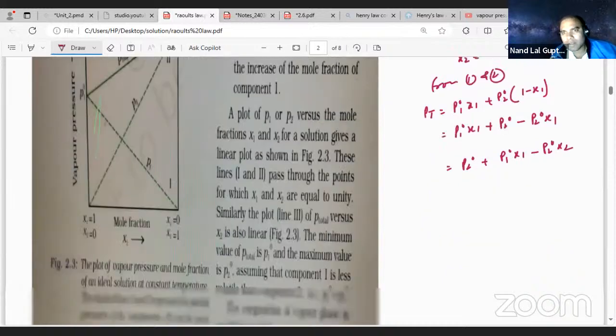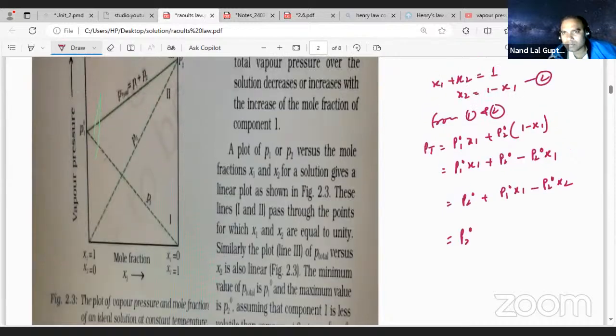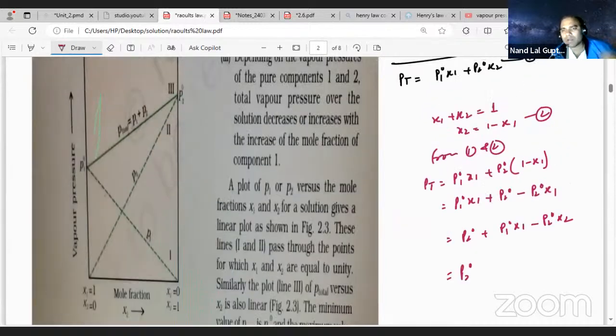Here somewhere we are making a mistake. We are plugging in the value of x2, which is 1 minus x1.